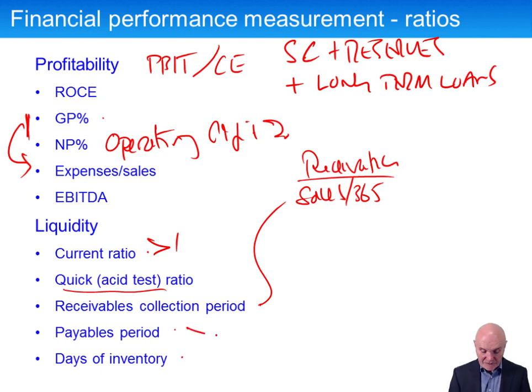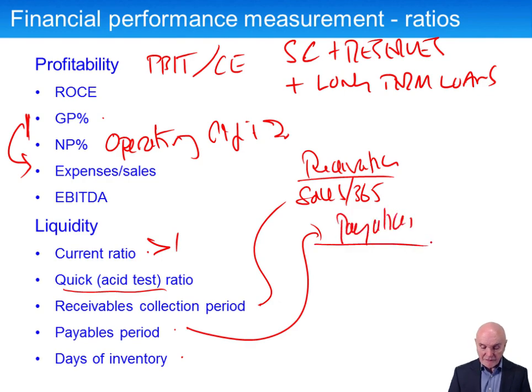The payables period is going to be the payables. And really what causes payables to increase is your purchases. So how many days worth of purchases are represented in the payables balance? And days of inventory, it'll be the inventory.